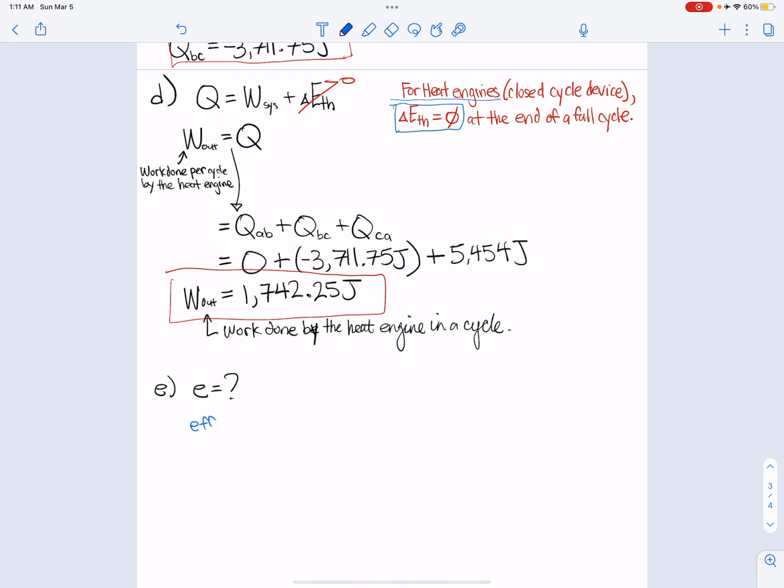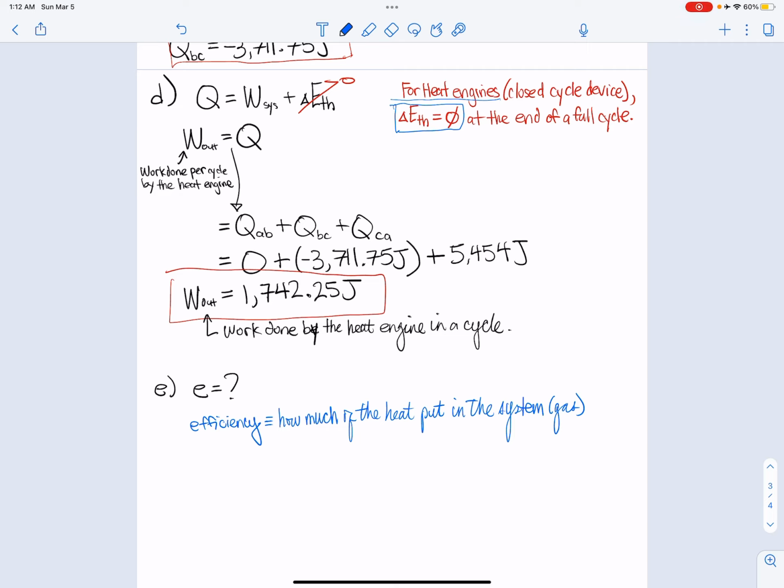Efficiency means how much heat put in the system, in this case the gas, right?